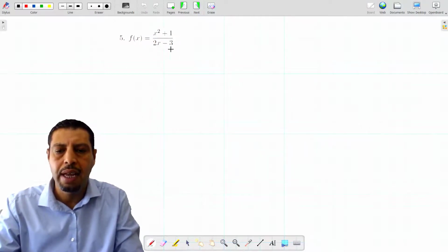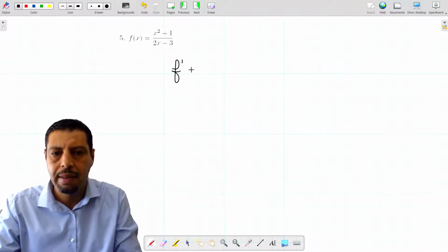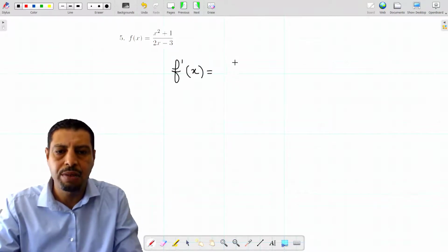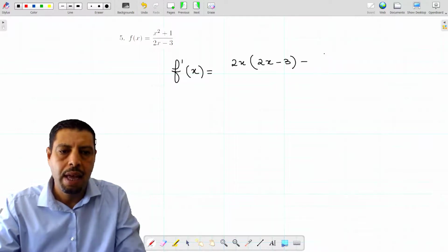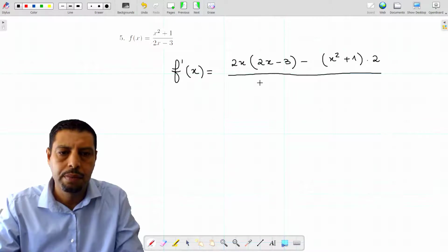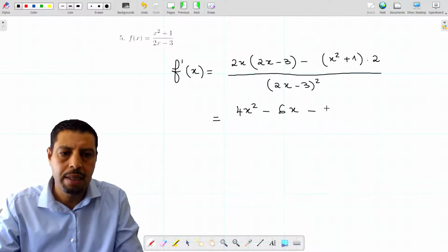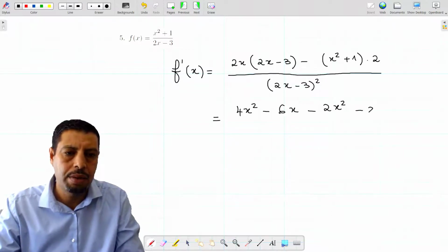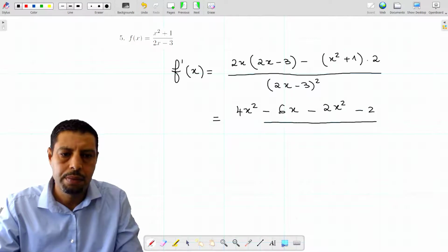Next one. Again, we have a quotient. We're going to obtain f prime of x equals the derivative of x squared plus 1, which is 2x, times 2x minus 3, minus (x squared plus 1) times the derivative of 2x minus 3, which is 2, over (2x minus 3) squared. 2x times 2x is 4x squared, minus 6x, minus 2x squared, and minus 2, over (2x minus 3) squared.